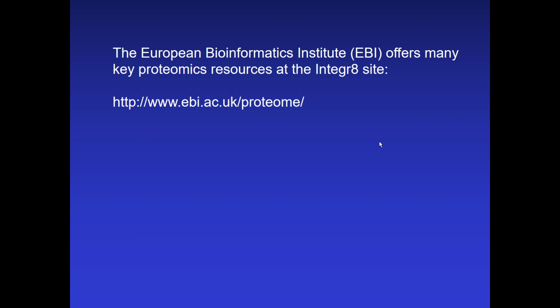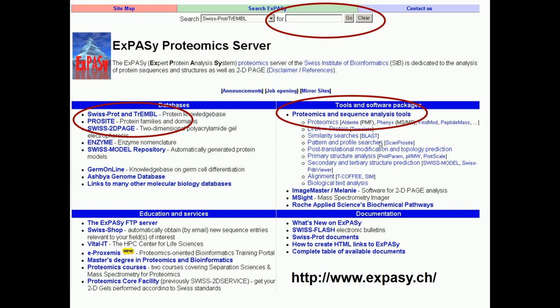We will be doing everything in the computer lab. This is what we are going to do. This is a proteomics server, the Expert Protein Analysis System. You will find all the tools here, but you have to go under proteomics. So we will be using this.